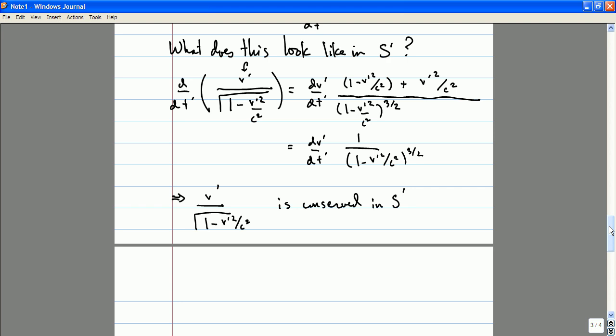And it's typical to multiply this by the mass of the system and identify the conserved momentum as the mass times this combination of velocities, or just gamma mv, otherwise known as mv over the square root of 1 minus v squared over c squared, as the conserved momentum in special relativity.